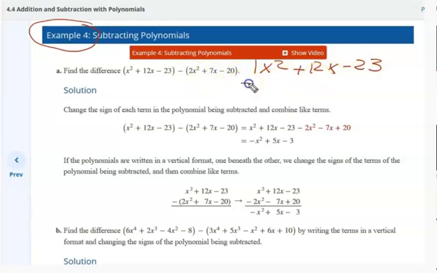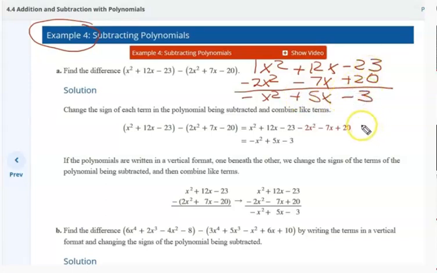So this is going to be a negative 2x squared. This is going to be a negative 7x, and this is going to be a positive 20. Draw my line, and then again, this is a negative x squared. This becomes a positive 5x, and this becomes a negative 3.